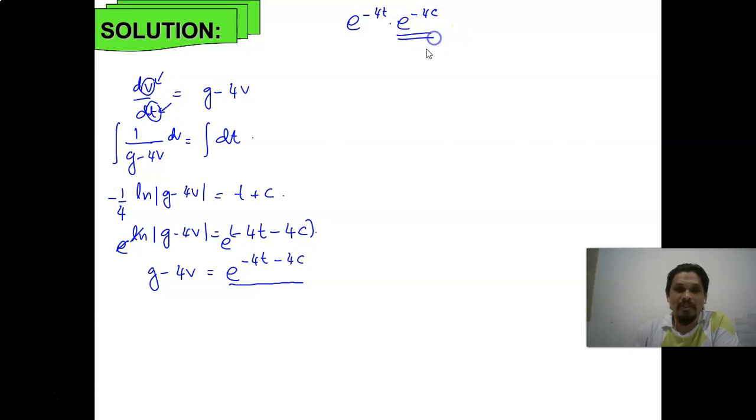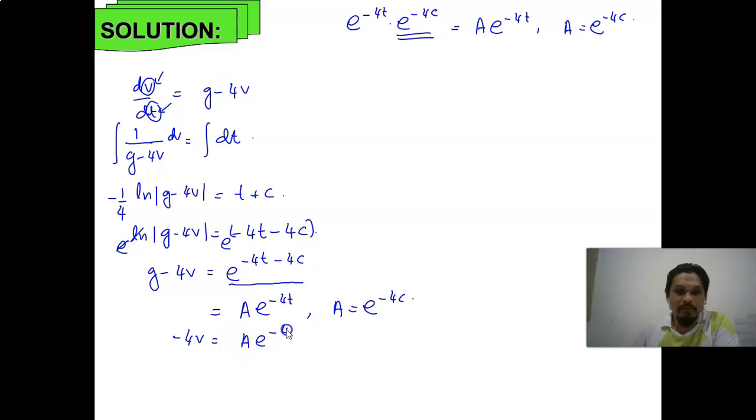If I change this in the form of a e power of negative 4t, where a equal to e to the power of negative 4c, then g minus 4v equal to a e power of negative 4t.